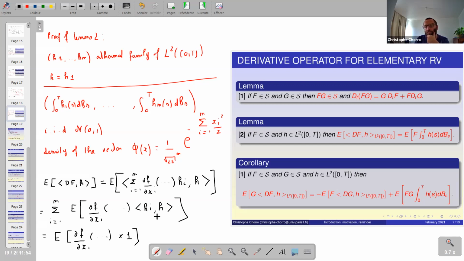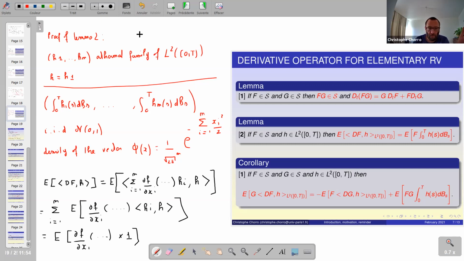And it's here that my little transform at the beginning allows me to simplify considerably the value of these scalar products. If I don't do this, it's possible to do the proof directly, but you will have to handle these scalar products. My little transform at the beginning allows me to work with scalar products that are every time 0 except for i equal to 1.